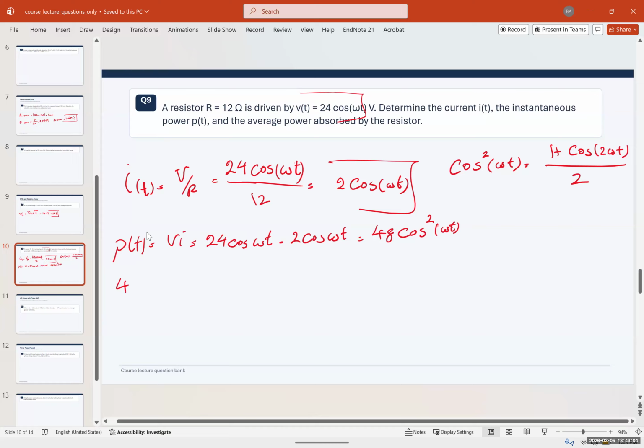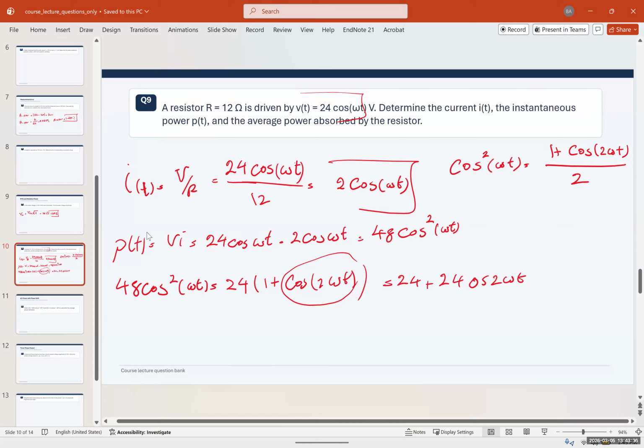So 48 cosine squared of omega t is equal to 24 times 1 plus cosine of 2 omega t. So the result would be 24 plus 24 cosine of 2 omega t.